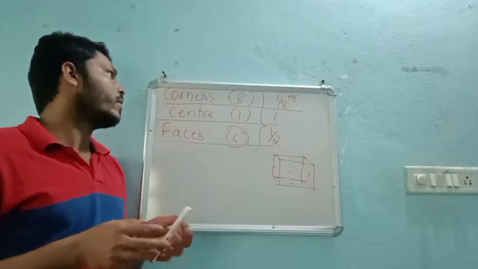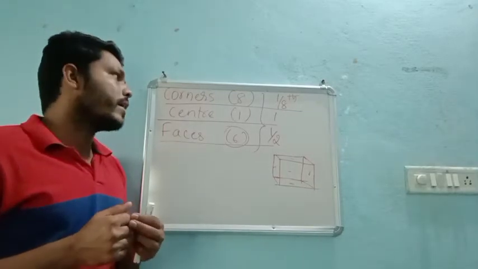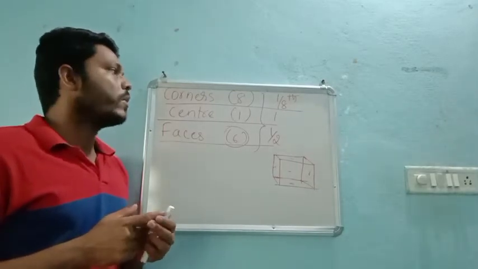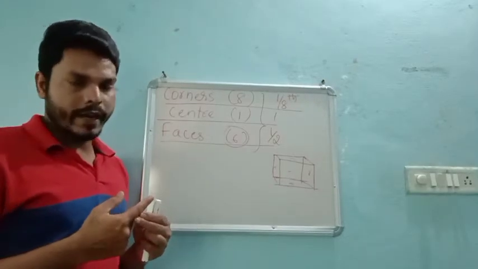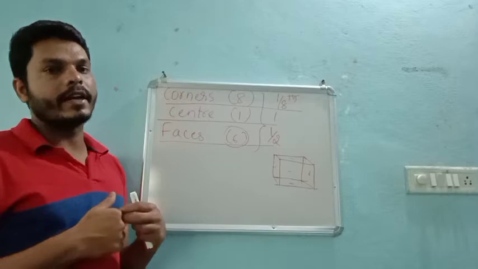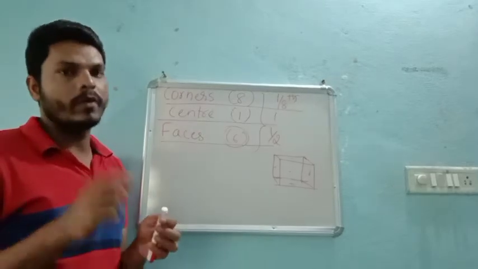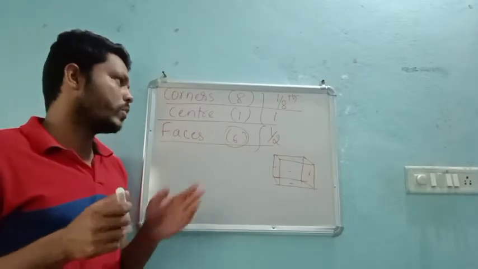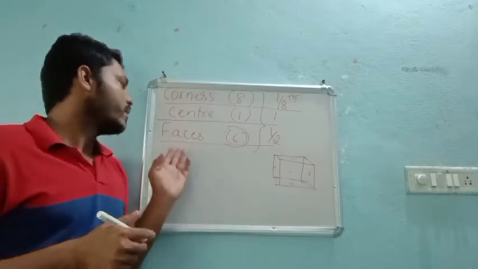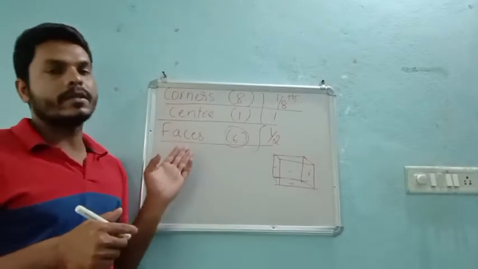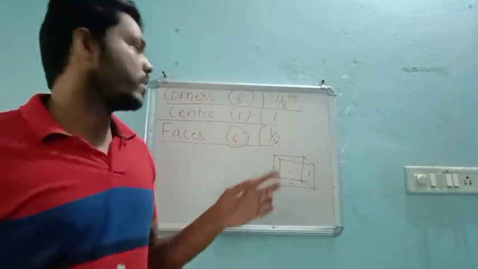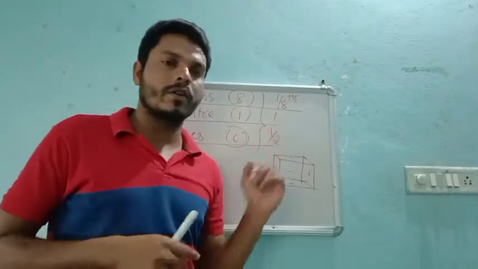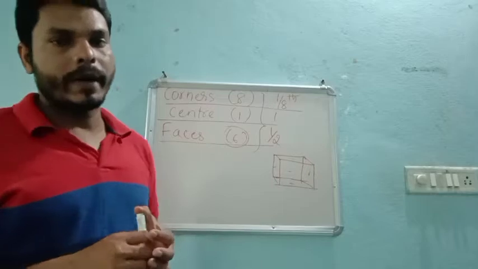In this regard, what we saw is that the corner atoms contribute 1 by 8th part, the atom present exactly at the center of a unit cell contributes to that one cell only, and the constituent particles present at the faces contribute to two cells. So that's why its contribution will always be 1 by 2.